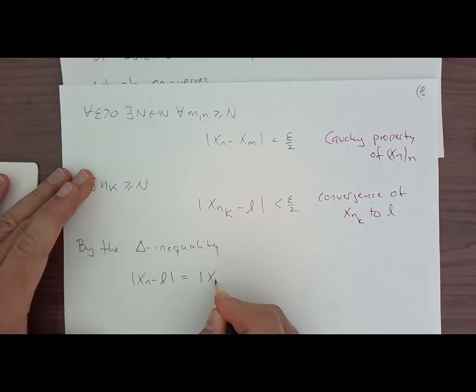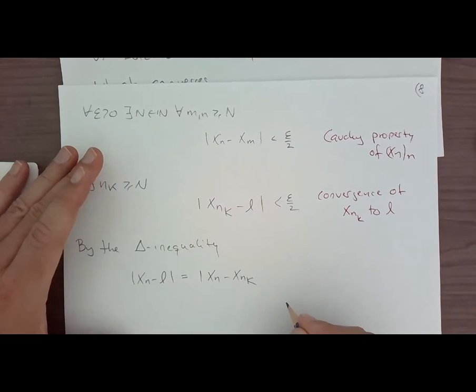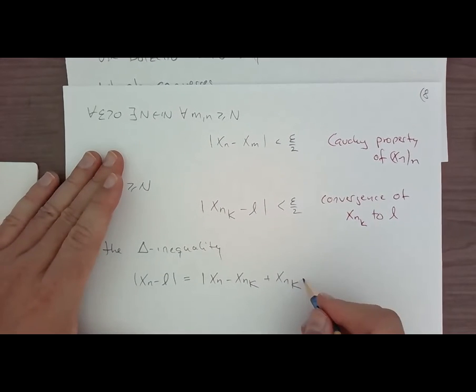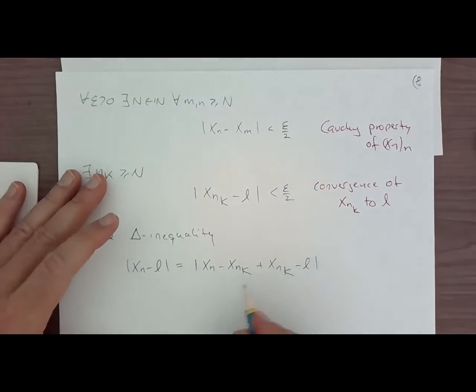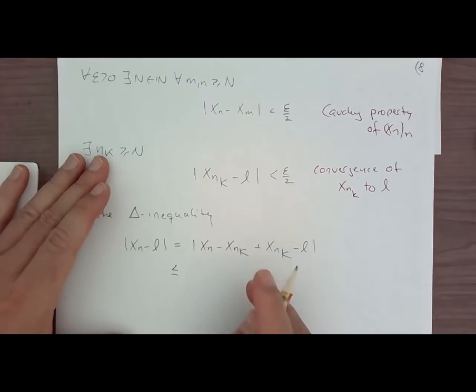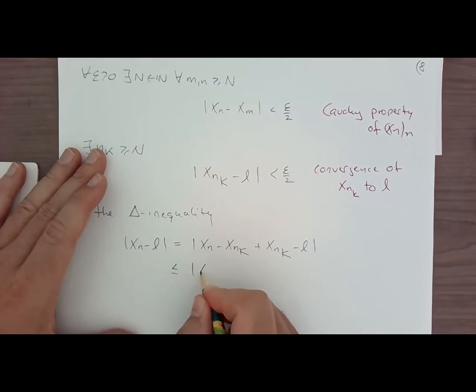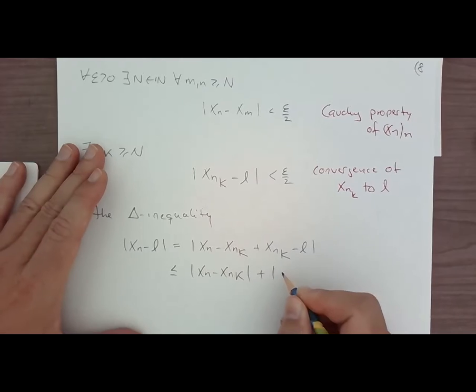This is the same thing as |x_n minus x_{n_K} plus x_{n_K} minus L|. And so comes the triangle inequality. I can bound this by moving the absolute value into the two differences: |x_n minus x_{n_K}| plus |x_{n_K} minus L|.